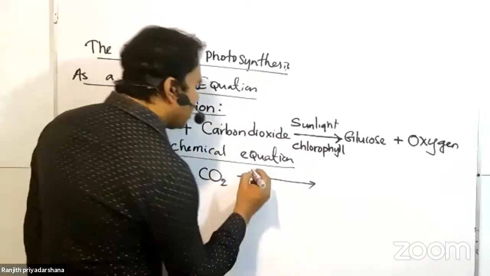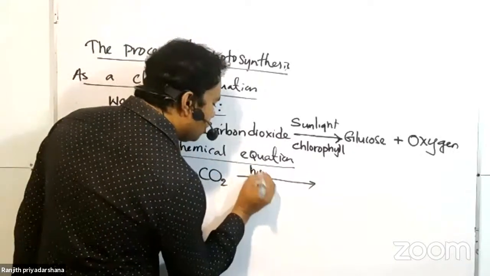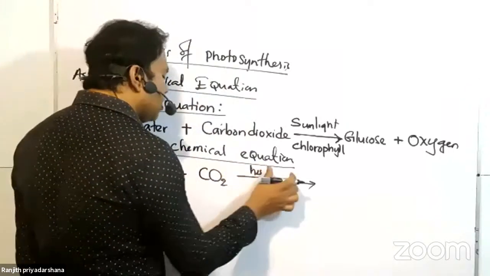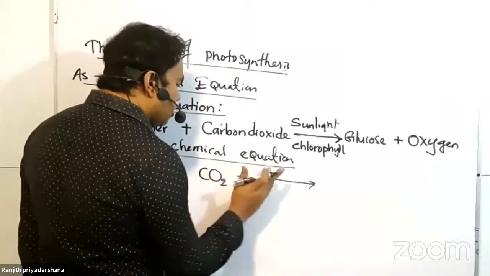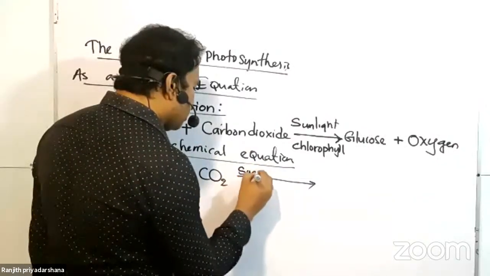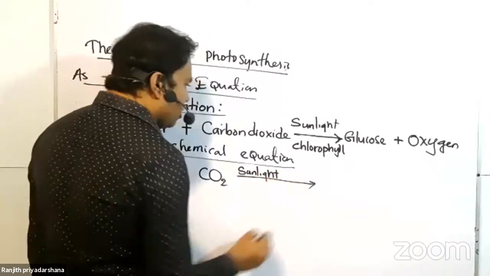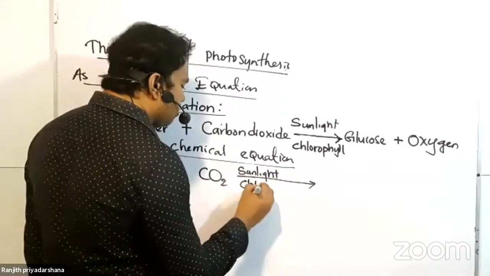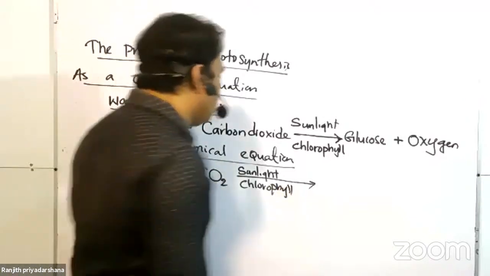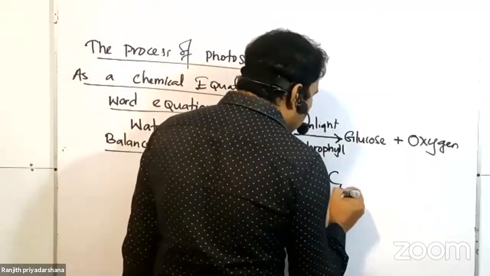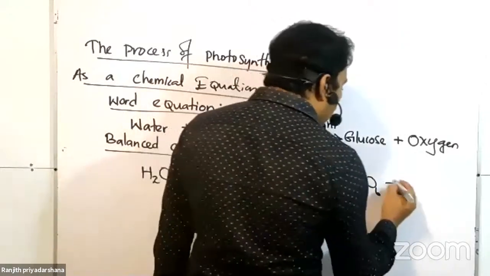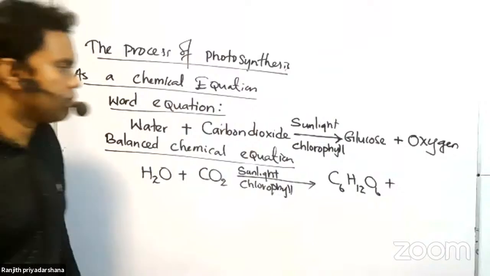No matter, you can write h nu, Planck constant times nu, which is frequency, but I think you had better write sunlight. Chlorophyll. Glucose, you know that, C6H12O6, and oxygen, O2.